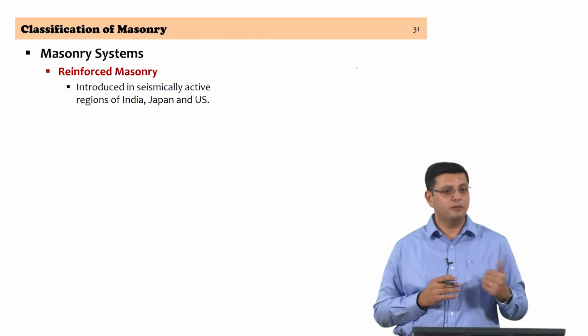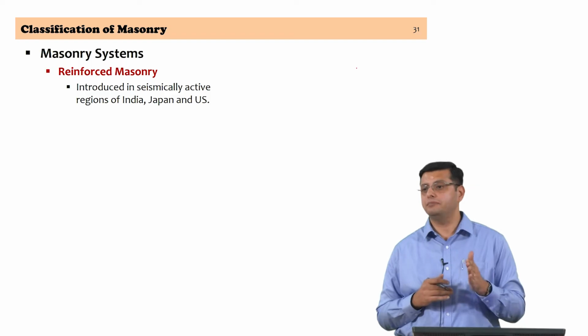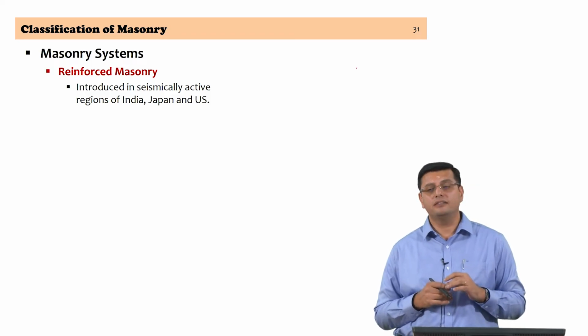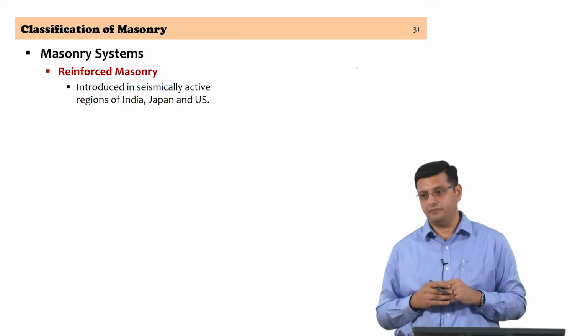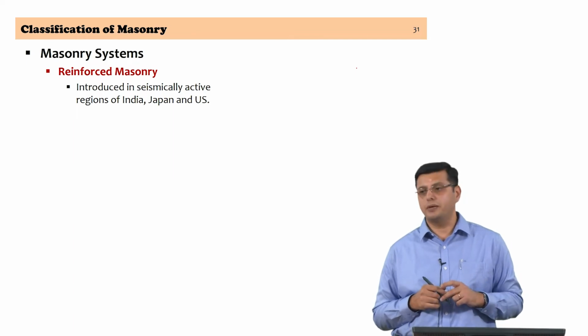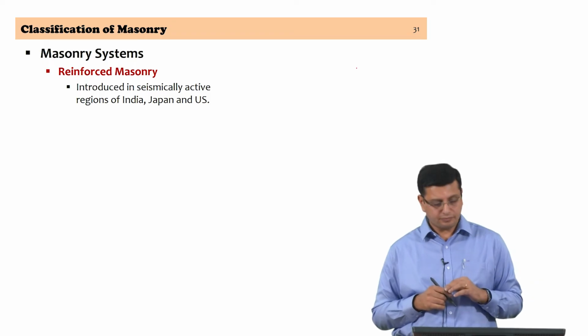So, in the previous slides when I showed you the PWD technical note on reinforced brick masonry, that was late 1910s, 1920s, but it is only in 2016 that we have formally introduced reinforced masonry into our codes as a structural design solution.